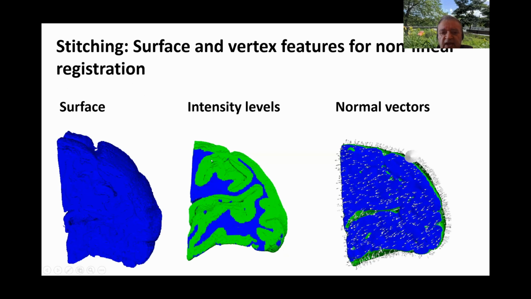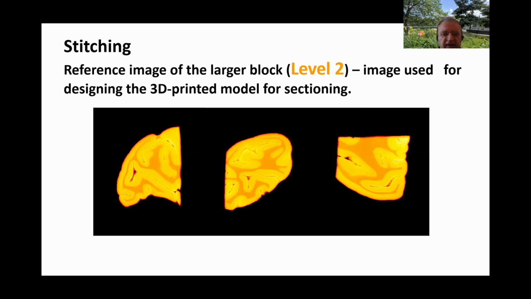Second, we constrain by the intensity levels on the two sides, the two blocks. We use the intensity levels to constrain the surface reconstruction. And then we use normal vectors. In blue are all vectors that are pretty much aligned to the overall plane of the cutting. So we use them for registering the two small blocks of level 3.